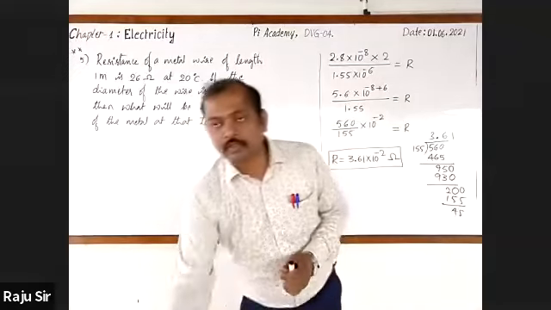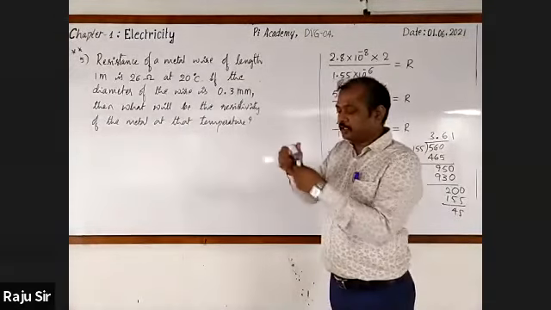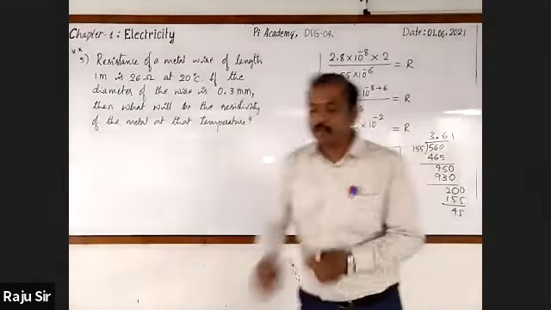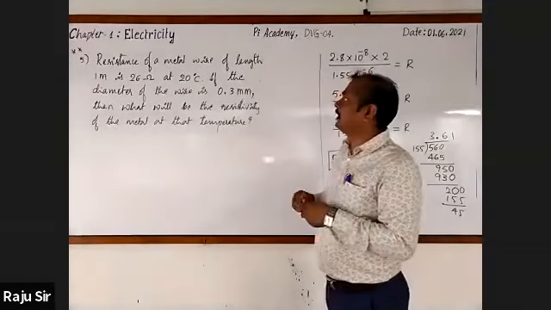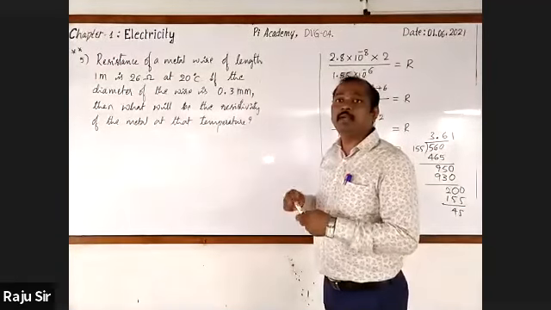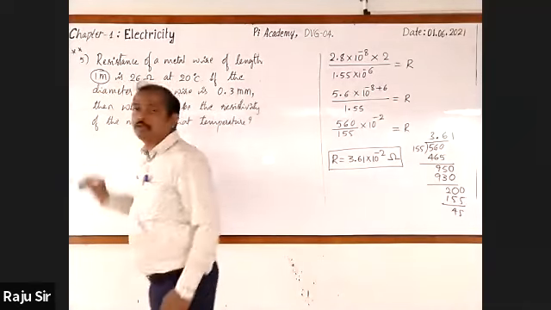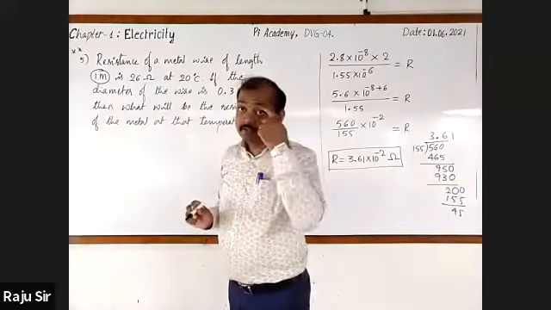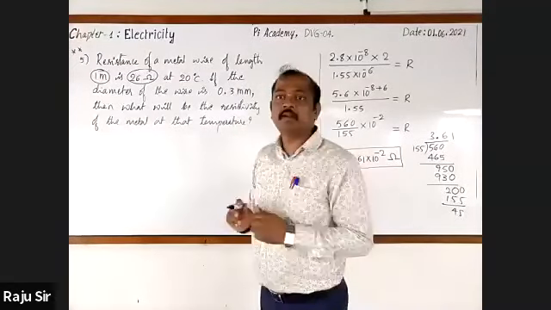Hope that you have copied. Once you go through the statement, identify the terms given. Resistance of a metal wire of length 1 meter is 26 ohm. Here we have two physical quantities. 1 meter represents the length, L. 26 ohm represents the electric resistance.